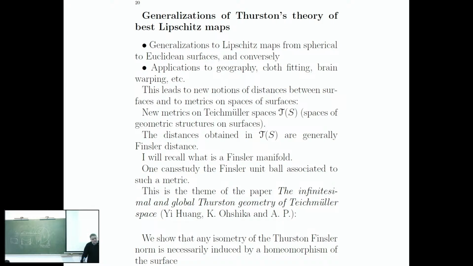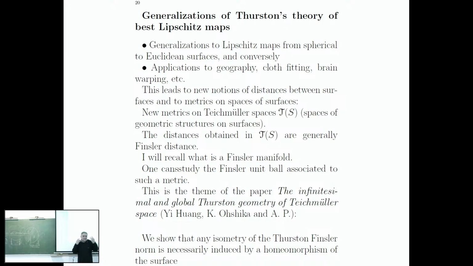So he was interested in the following problem, the problem of clothing. So you have a piece of fabric, and you want it to cover your head or so on. I mean, you want to build, and so you are sending something which is a Euclidean surface.